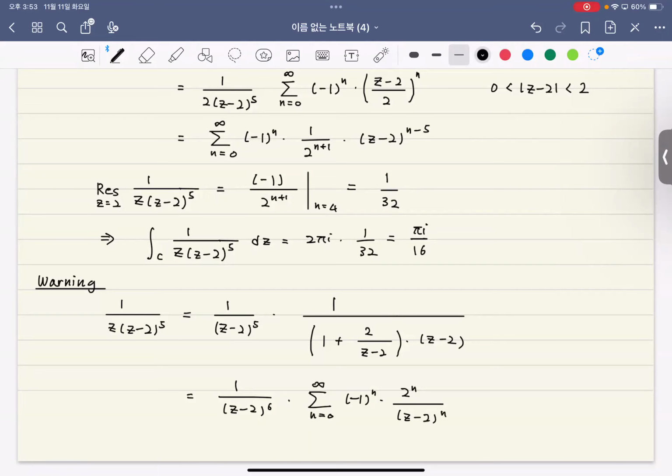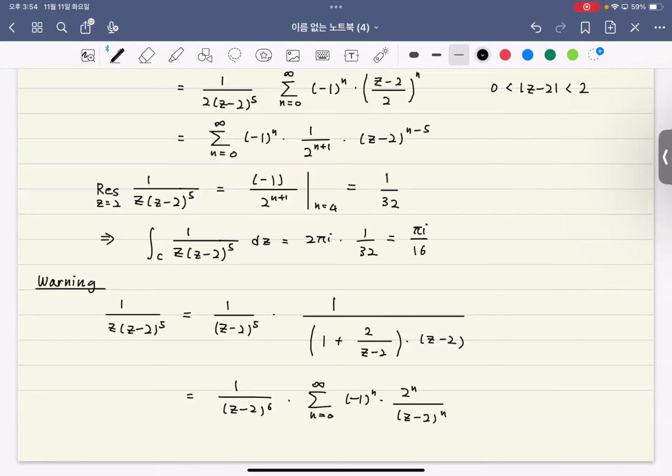Just consider this Laurent expansion of your function. According to this expansion, the least negative power starts from z minus 2 raised to the negative 6. So the coefficient of the negative first power equals 0.